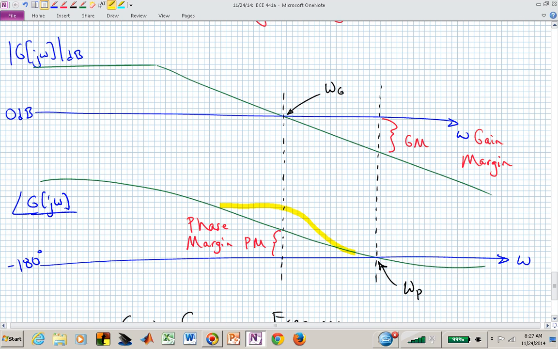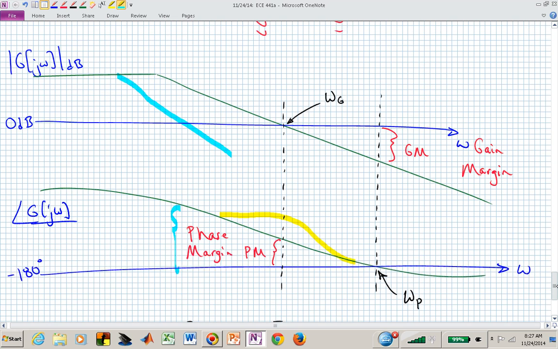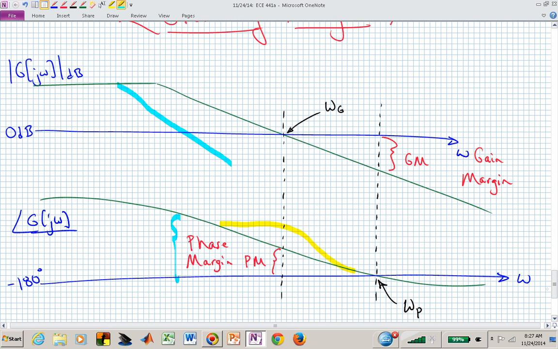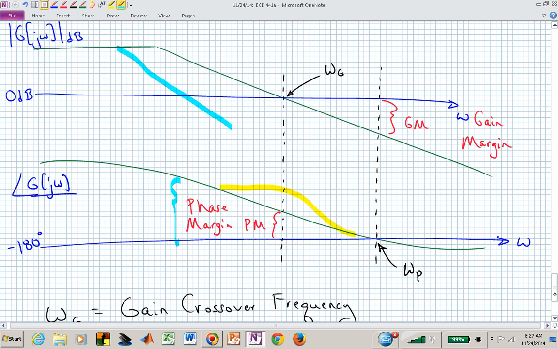If we wanted to enhance our gain margin, what we will maybe do is make this start breaking sooner, and now we have more phase margin. So there are ways that we can adjust these curves with either the yellow highlight or the blue highlight, or a combination of the two, to enhance or increase these margins, phase margin or gain margin.